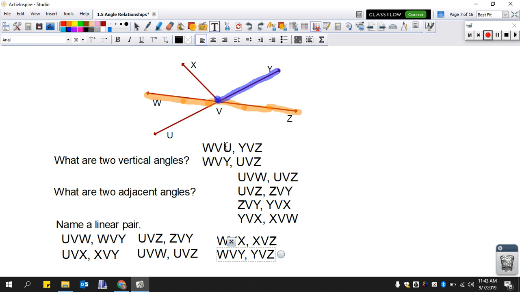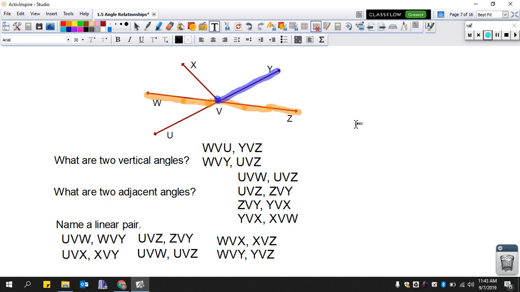So in your classwork, all you're going to need to do is name one of the linear pairs. And a linear pair is going to have 2 angles to it. All right.